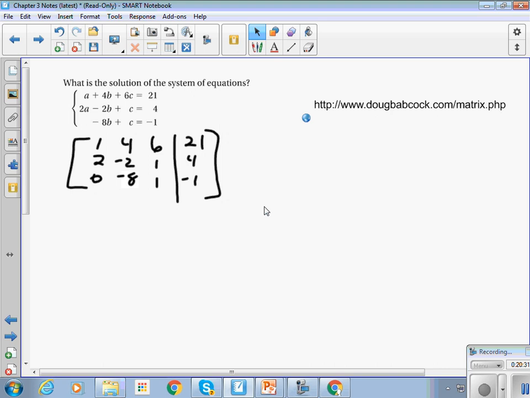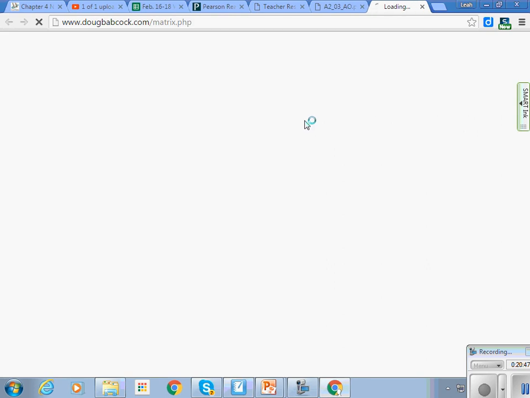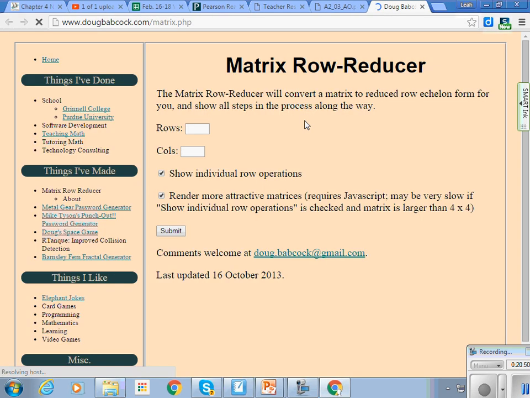So it's going to ask me when I click on here how many rows, how many columns I have. So I have 3 rows and 4 columns.